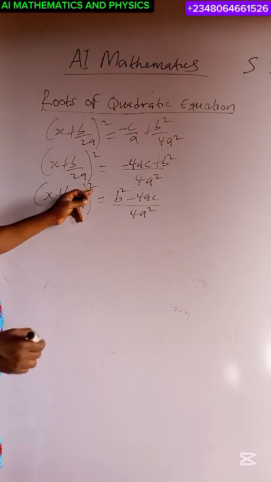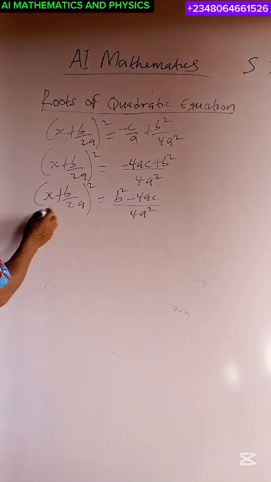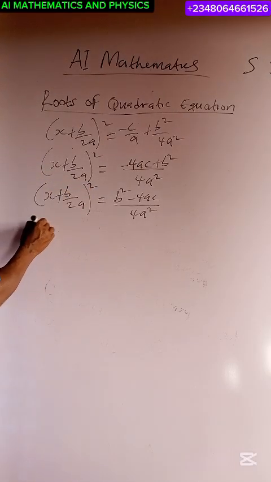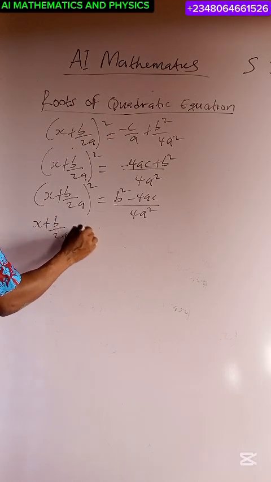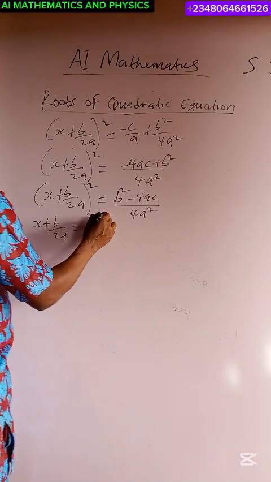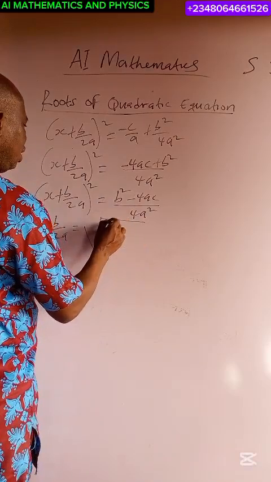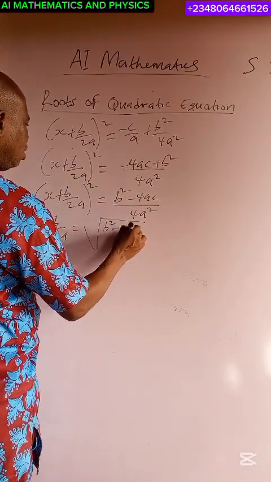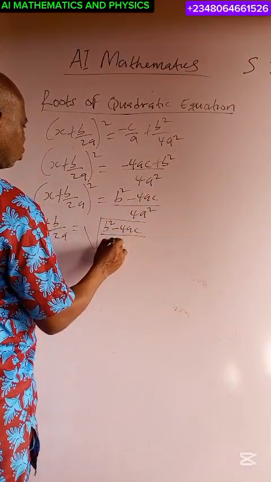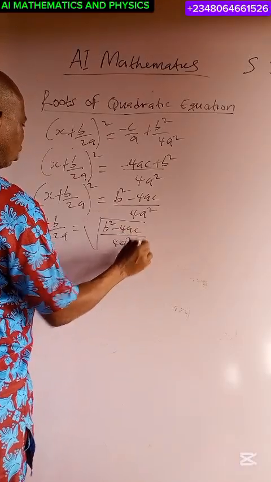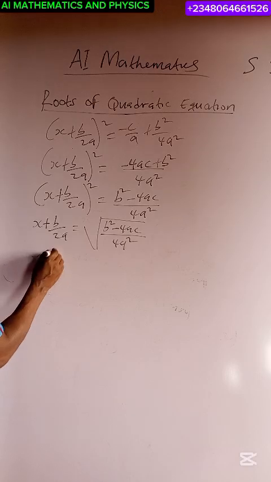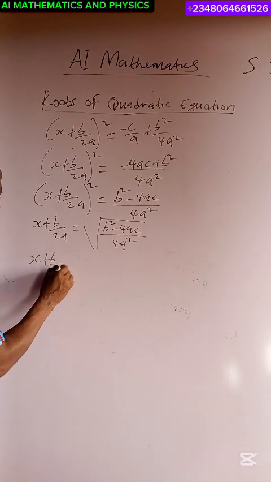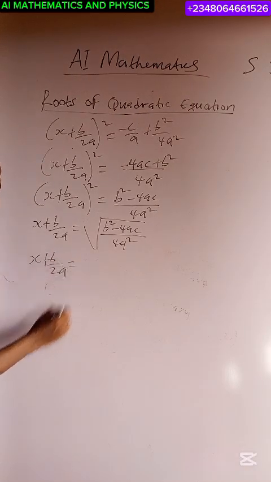Now, we want to remove this raised power 2, which means we remove the bracket. It will be x plus b over 2a equal to the square root of b squared minus 4ac over 4a squared. And x plus b over 2a equal to, you know, square root is plus or minus.